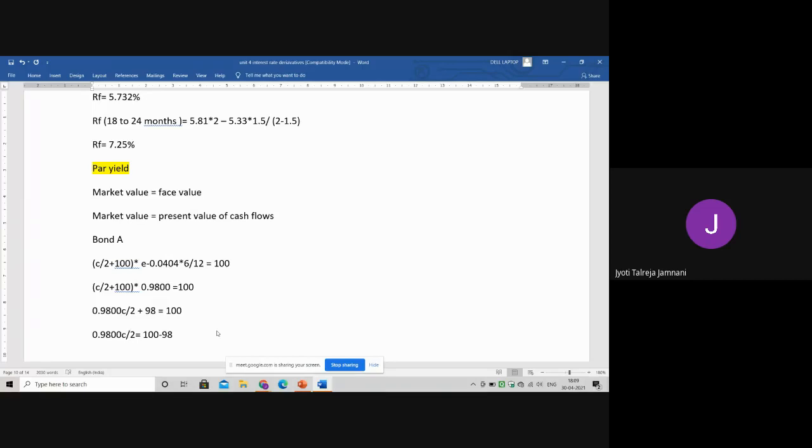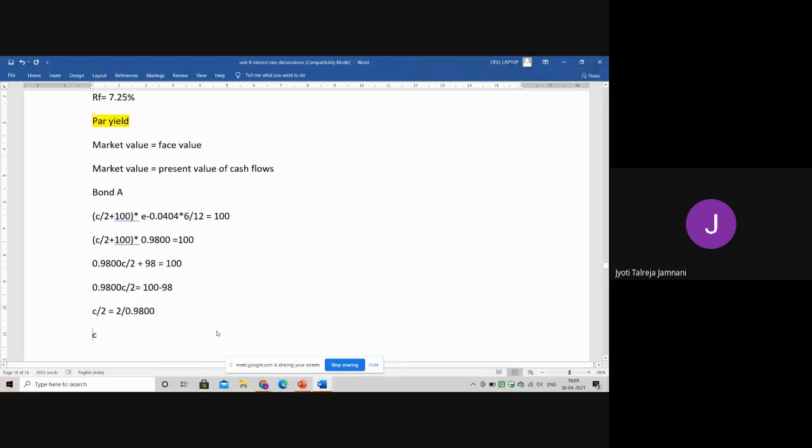If I get that 0.9800 this side, C by 2 is equal to 2 divided by 0.9800. Just divide and see how much you're getting. 2.0408, and it is C divided by 2.